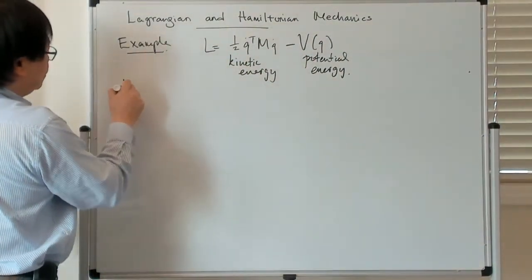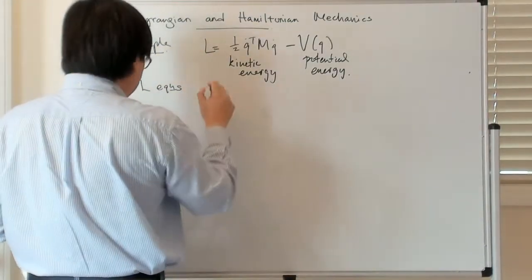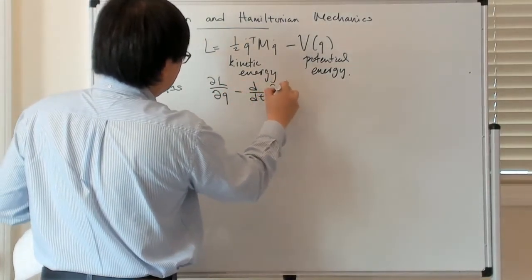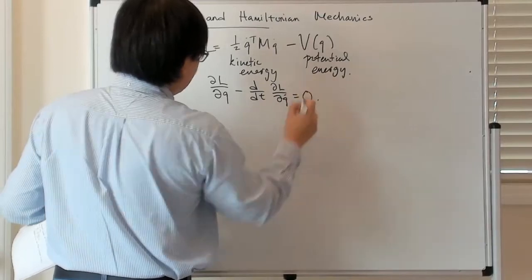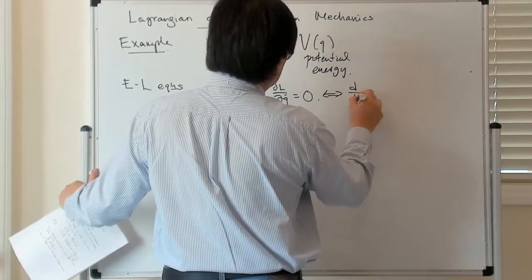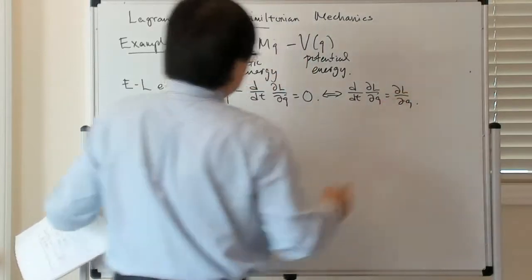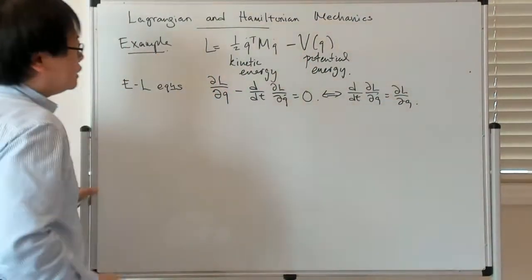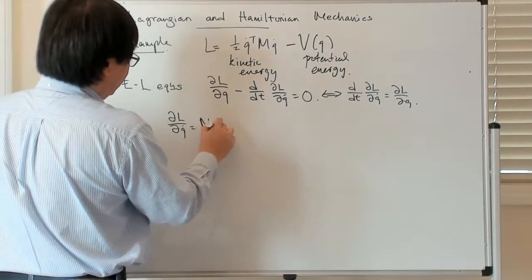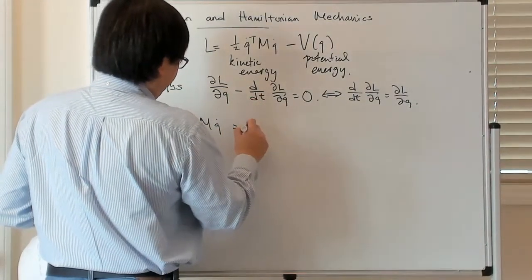The Euler-Lagrange equations are of the form dL/dq minus d/dt of dL/dq dot is equal to 0, or if you prefer, you can write this as d/dt of dL/dq dot is equal to dL/dq. Let's look at what happens with this Lagrangian. dL/dq dot is nothing more than M times q dot, so this is really the momentum.